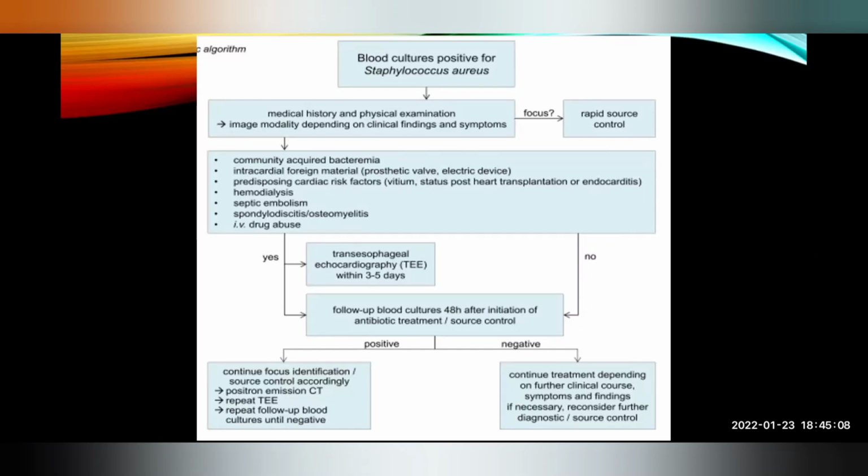Then if there is no source of infection and still the patient is having persistent Staphylococcus aureus bacteremia, you will have to do the transesophageal echocardiography, followed by sending the appropriate cultures.